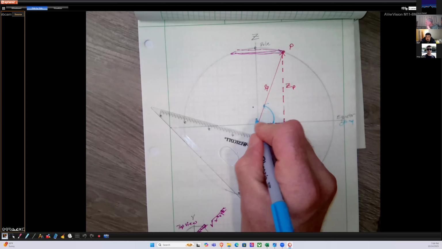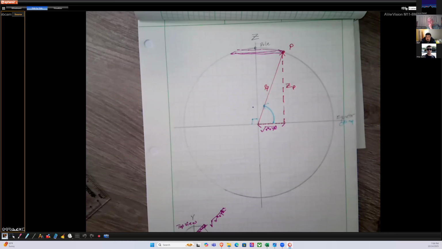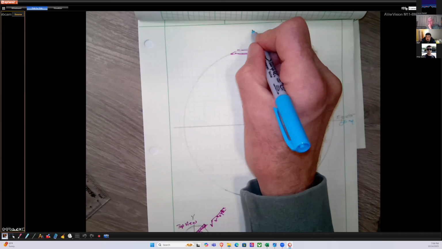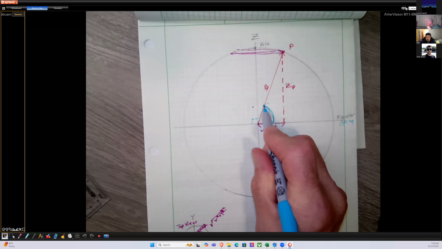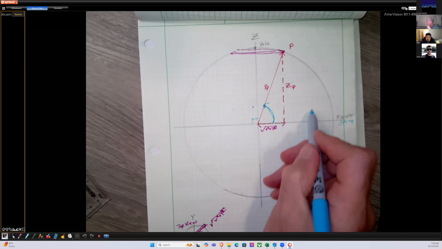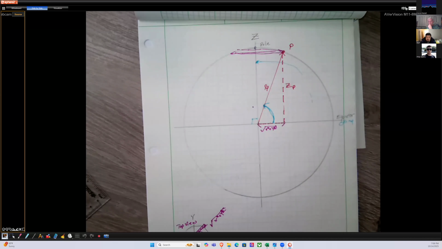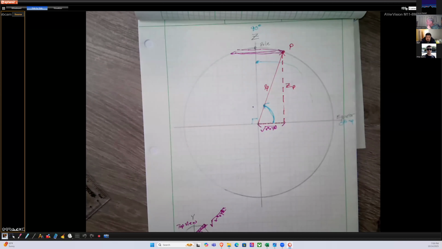Isn't this a right angle? If this is the angle of the latitude up to our point P, what is the angle of the latitude to there? 90 degrees. The pole is at 90 degrees latitude.